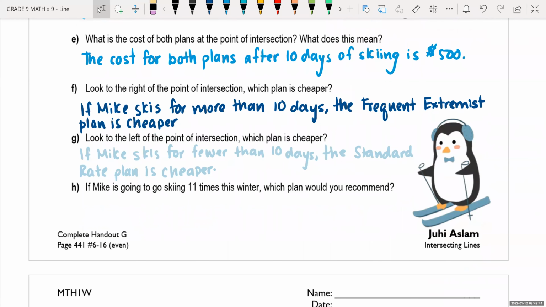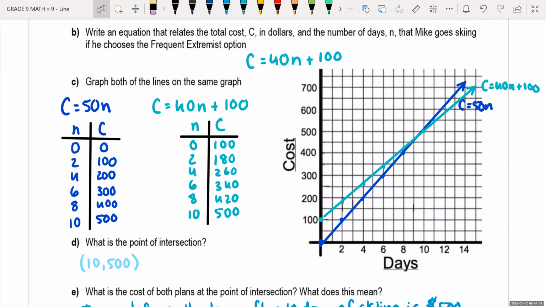Question H, if Mike is going to go skiing 11 times this winter, which plan would you recommend? So what do you guys think? Which plan are you recommending if Mike is going skiing for 11 days? So you can look at the graph over here and you can say, okay, well, at 11 days, which is right up here, the line that is less than the other one would be the frequent extremist.